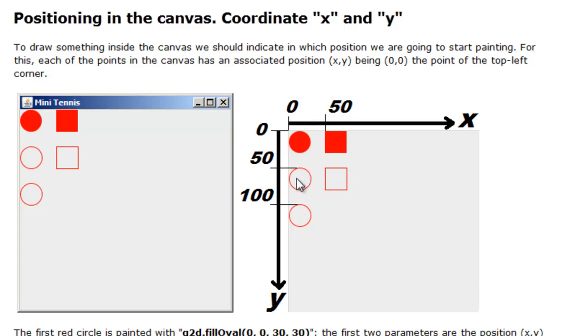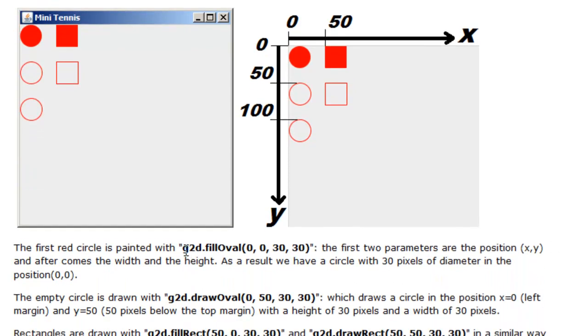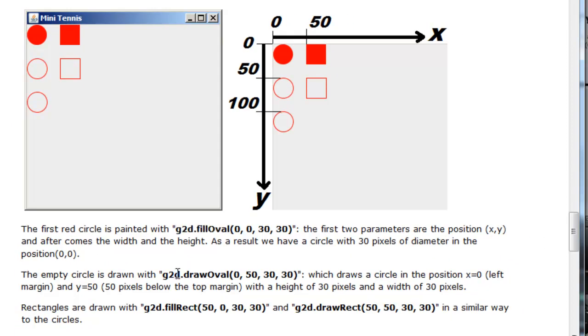For this empty circle, we've got X equals 0 and Y equals 50. So for all these methods, fill oval, draw oval, and fill rectangle, the positions here are defined as we've already said. These two last parameters are the height in the first place and the width in the second place.